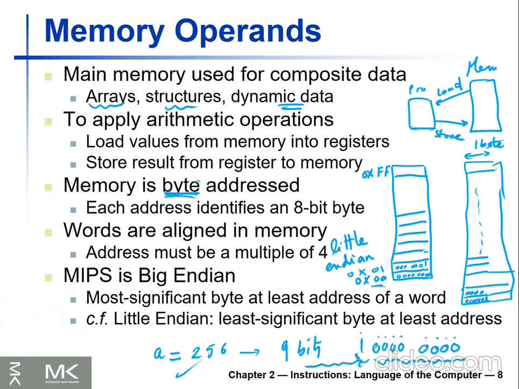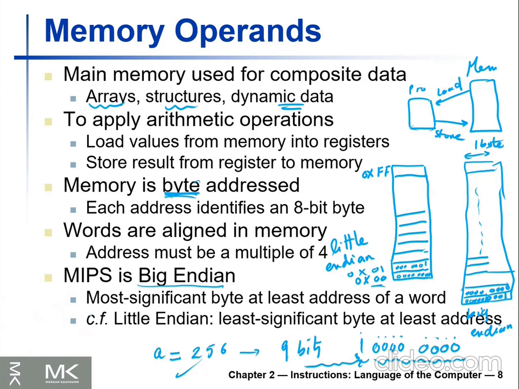So this is Big Endian, and MIPS is Big Endian. Some other architectures, like for example x86 or Intel processors, are Little Endian. But here we are Big Endian.